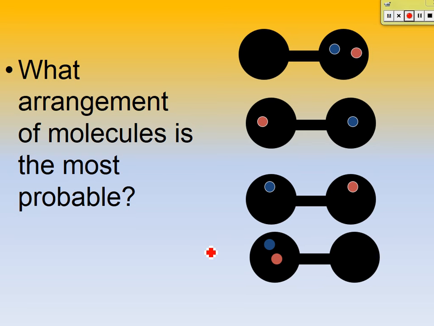So the probability that they're on one side, what's that? Well, couldn't this be on the same side on the left or right? So 50%. So that's 2 out of 4, which is equal to 50%, right? What's the probability that they're going to be on separate sides? So one on each side? 50%.